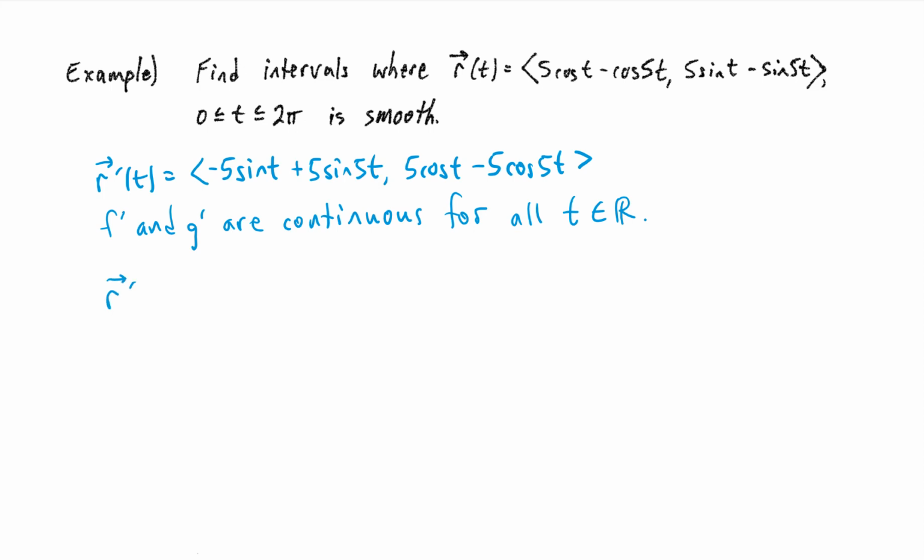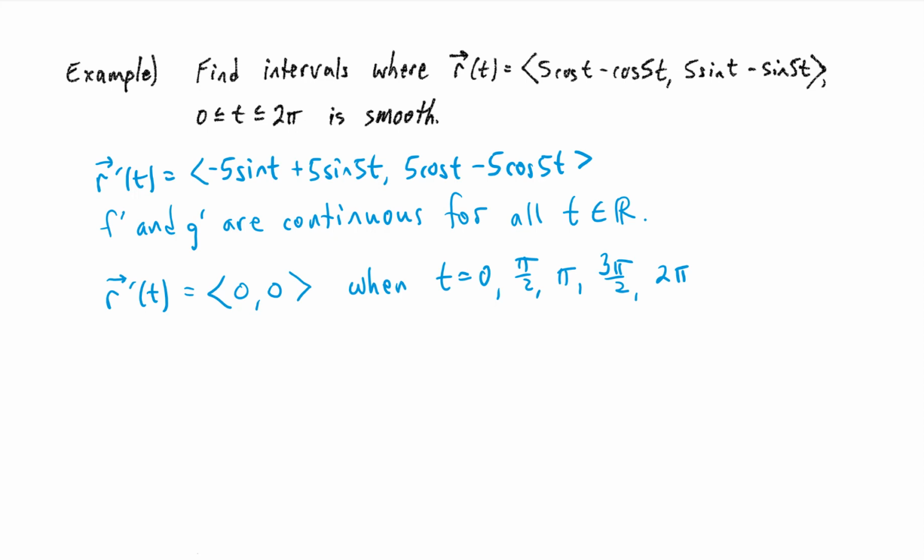If you do the derivative, it will output 0, 0 when t is equal to 0, pi over 2, pi, 3 pi over 2, and 2 pi. Remember, our domain is restricted to be 0 to 2 pi.